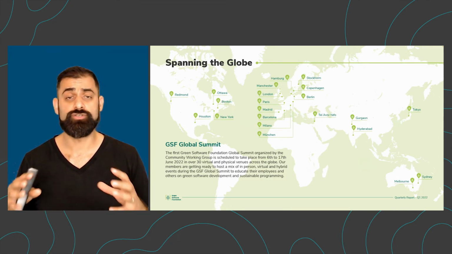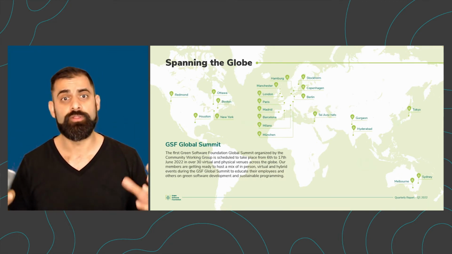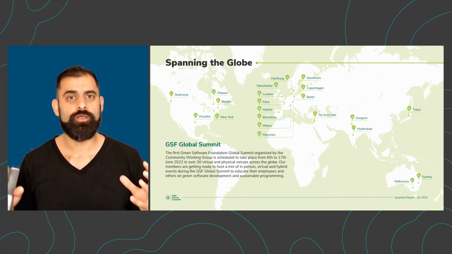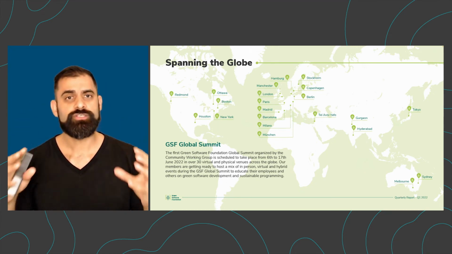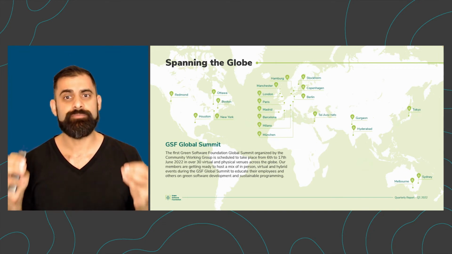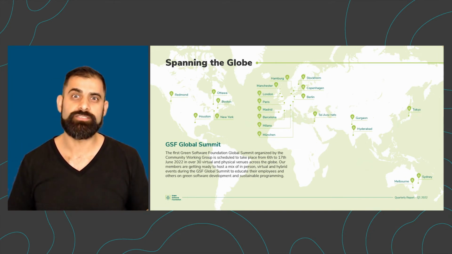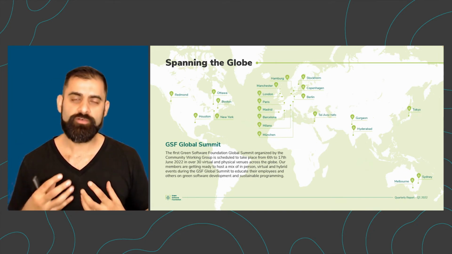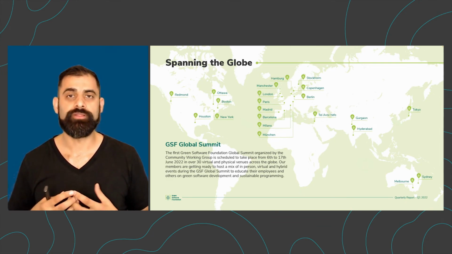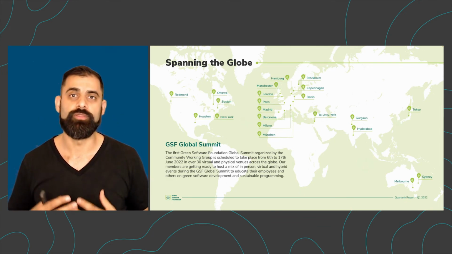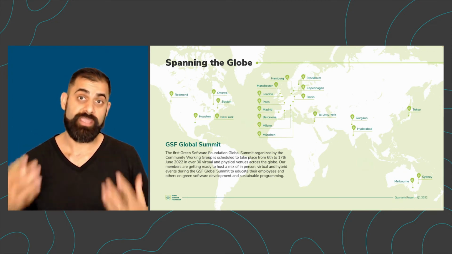Our intention is to grow this ecosystem of people and a global network of focused user groups of people who share similar interests, who are meeting up regularly to talk about green software. That is one of our strategies that we are exploring to grow the ecosystem of people who are knowledgeable and care about green software.